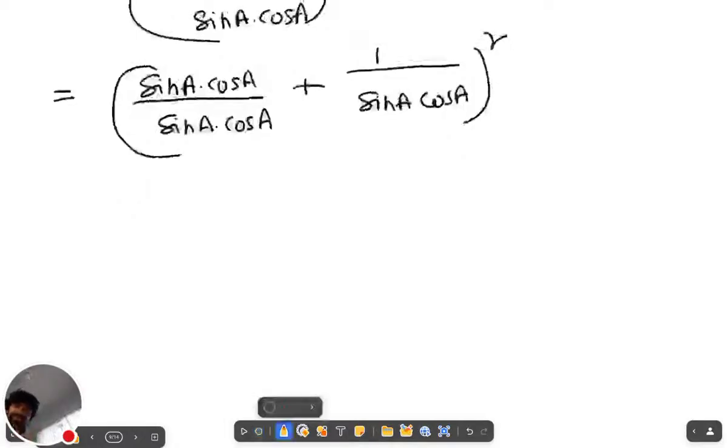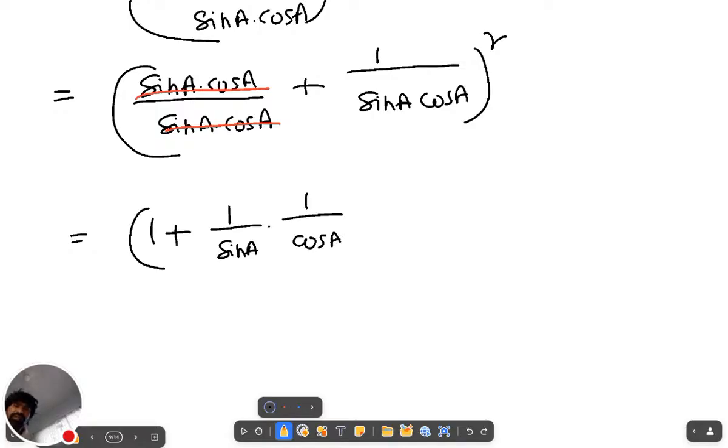Now this sin A cos A gets cancelled. Now it will be 1 plus, now this can be written as 1 by sin A into 1 by cos A whole square.